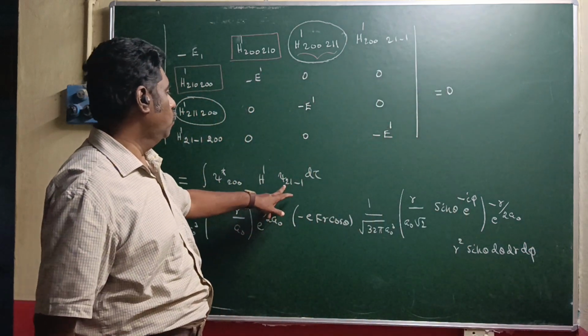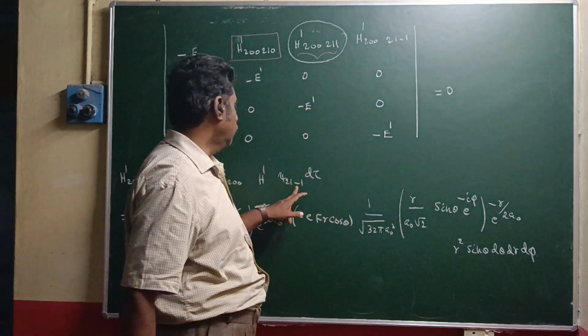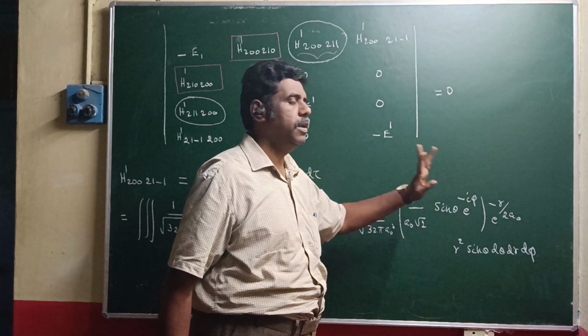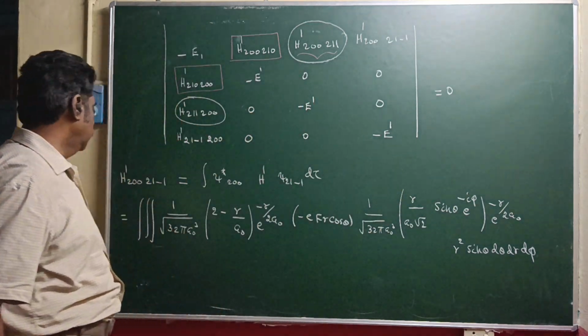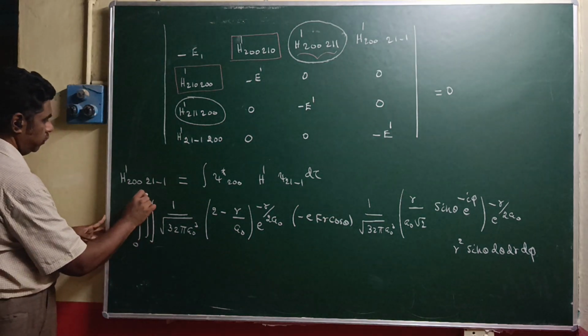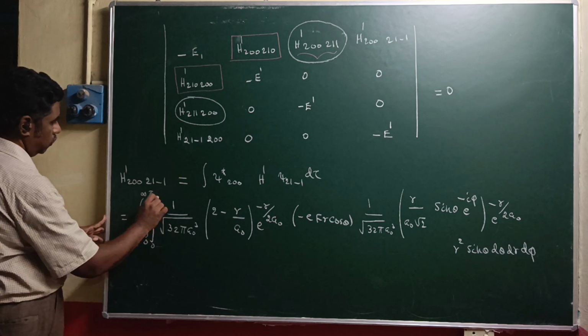In the case of psi 21 plus 1, we have used e power i phi. In the case of psi 21 minus 1, just you have to change the sign of phi, e power minus i phi. Now you have to find out the values, 0 to infinity, 0 to pi, 0 to 2 pi.